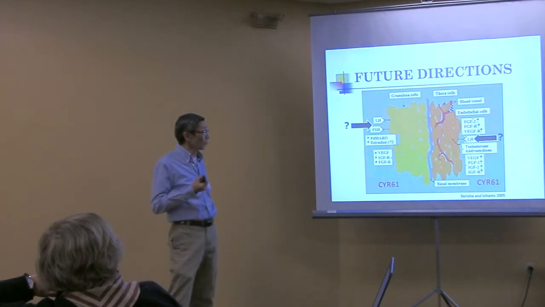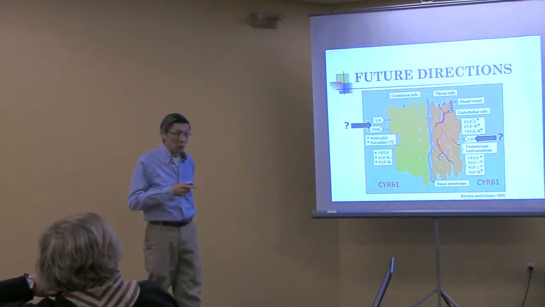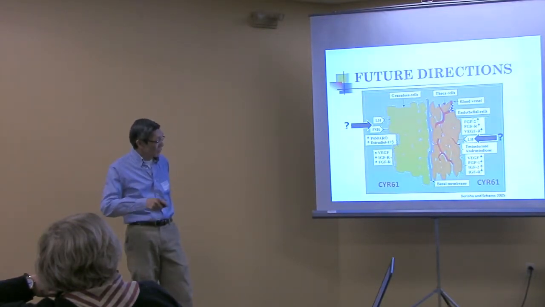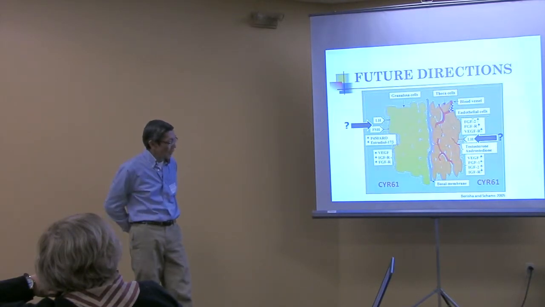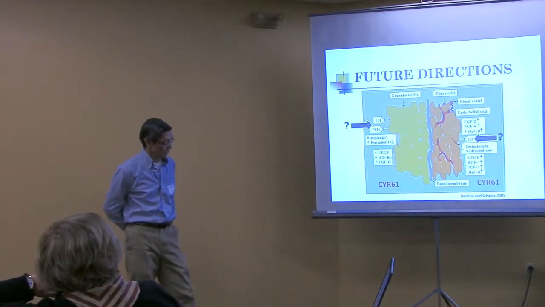That is that they will regulate steroid production by these follicle cells. What we don't know is what role they play in regulating the CYR61 and other growth factors and how they impact the development of blood vessels.